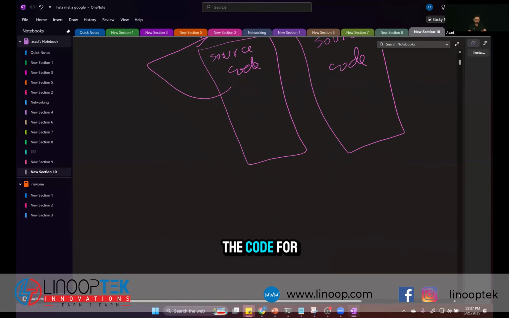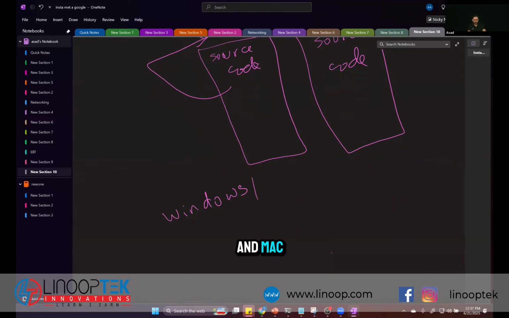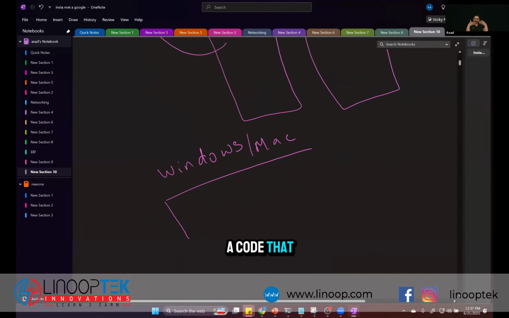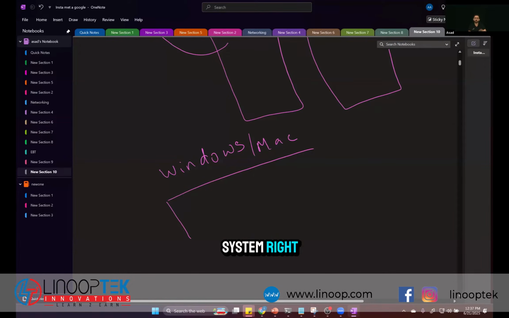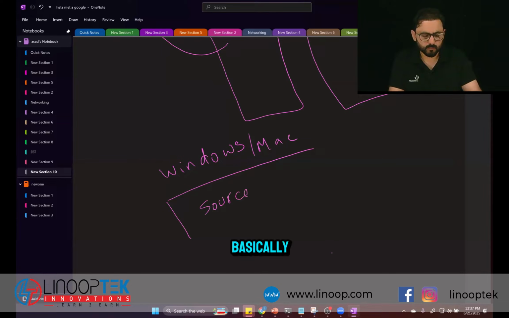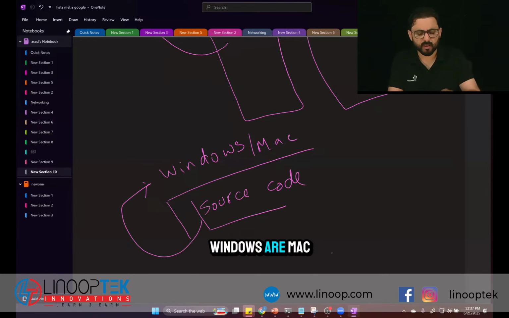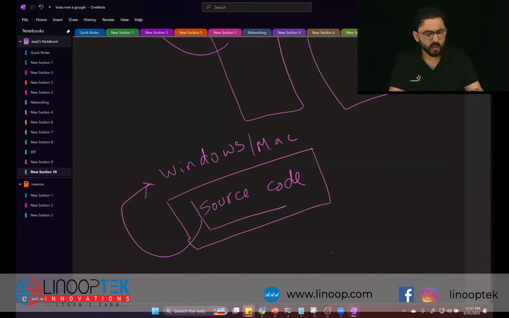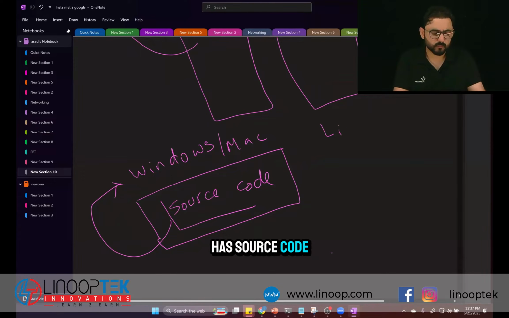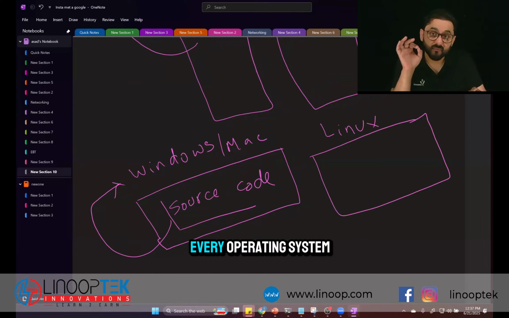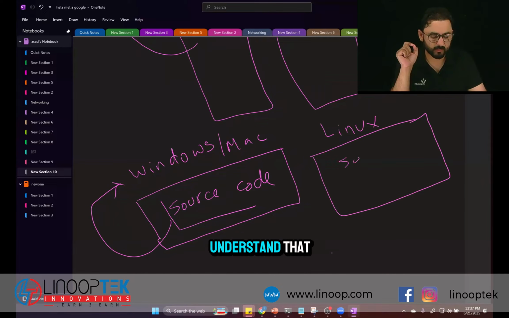The code for the operating systems Windows and Mac, they also have something called source code, the code that makes that operating system, right? Basically, that's the source code that made the Windows or Mac operating system. And Linux also has source code. Of course, every application and every operating system has a source code. Understand that.